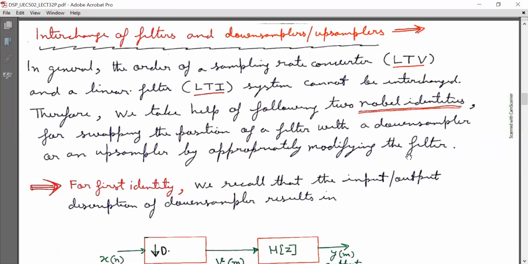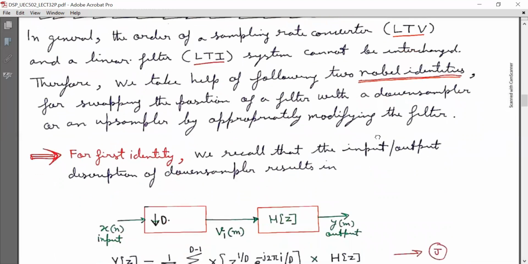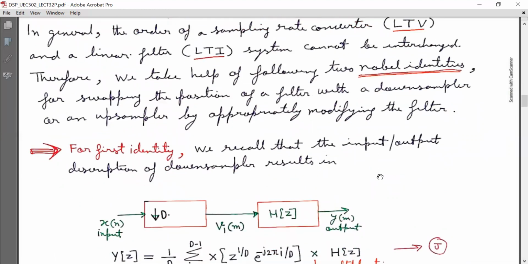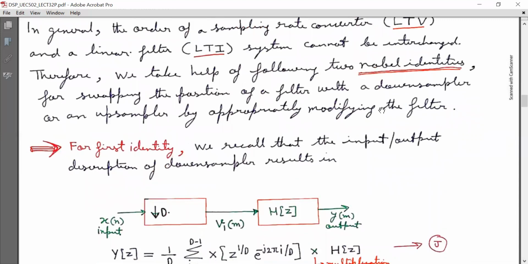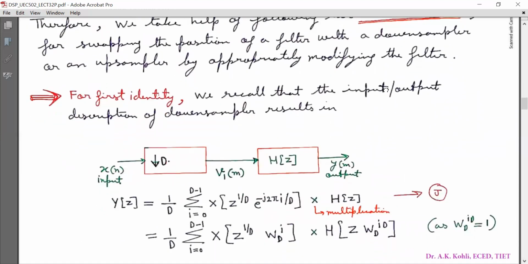So if we want to swap their positions, we need to take help of two noble identities, and the filter needs to be modified. If we want to swap the position of the sampling rate converter and linear filter, then we must modify the filter. So we will discuss noble identities.